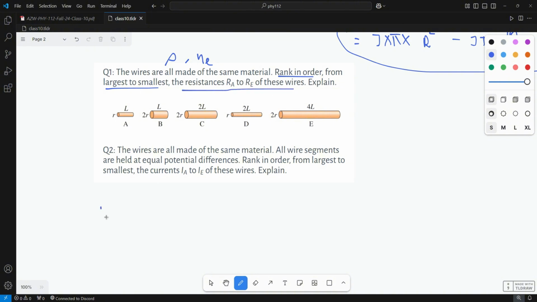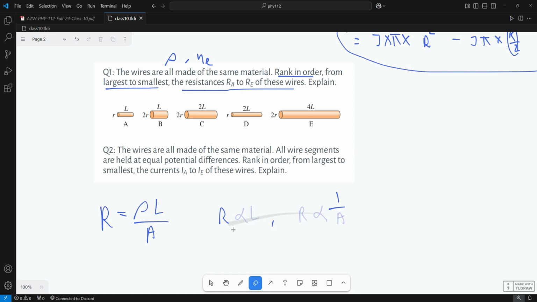So we know the resistance depends on two conditions, length and area. Resistance is directly proportional to the length. The greater the length, the greater the resistance. And again, resistance is inversely proportional to the area. So the greater the area, the less the resistance.